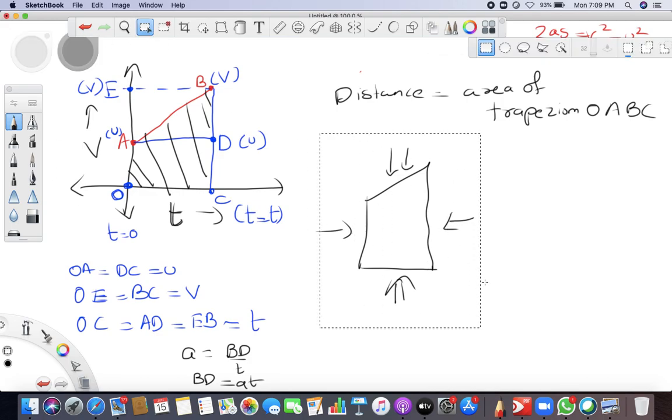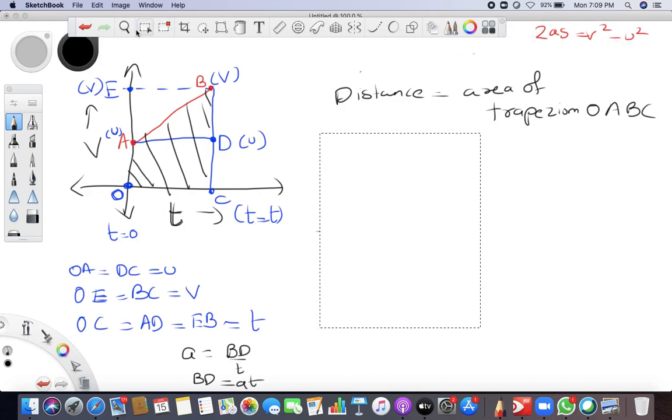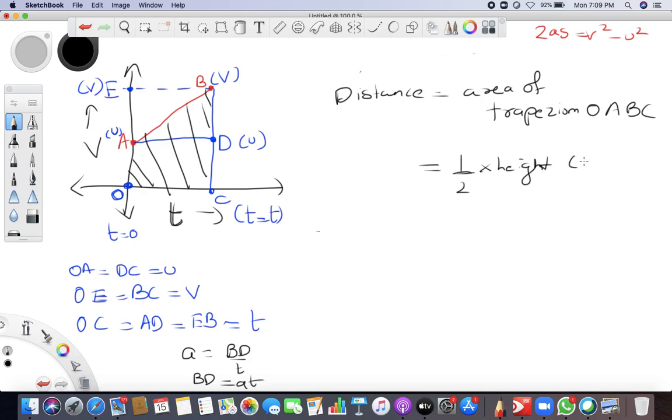So we can call this a trapezium. Okay, now if you remember the formula of area of a trapezium, area of trapezium is what? Half into height into sum of parallel sides. Okay, this is the area of trapezium.